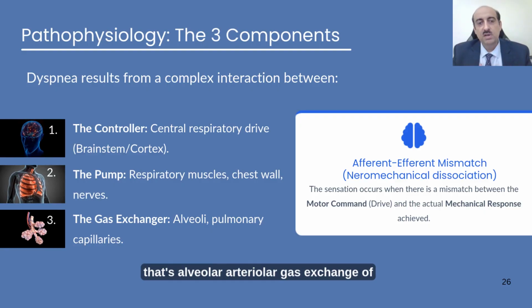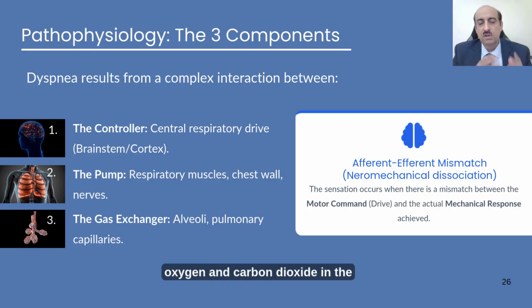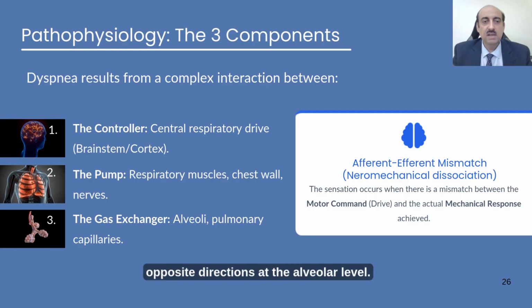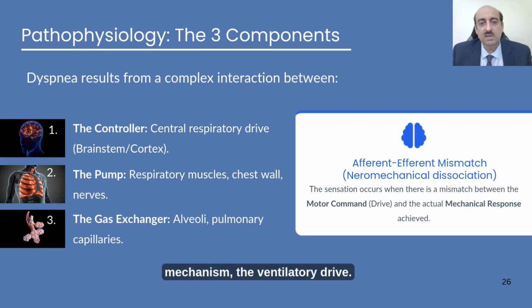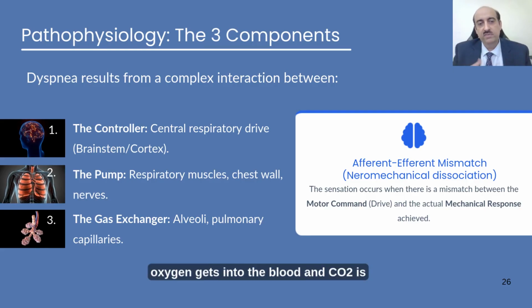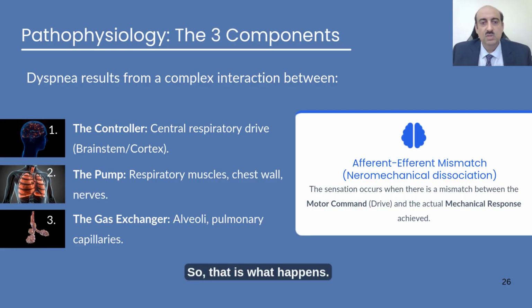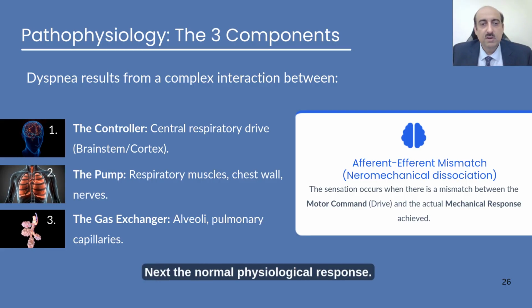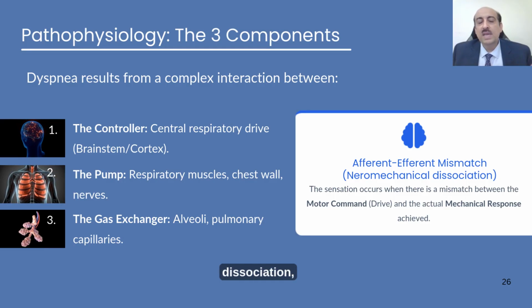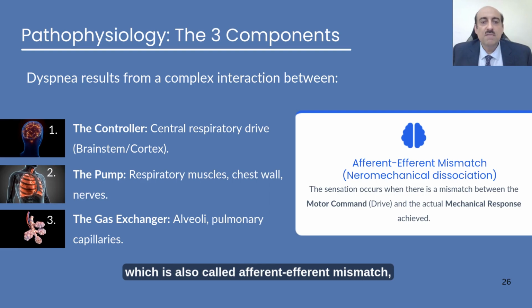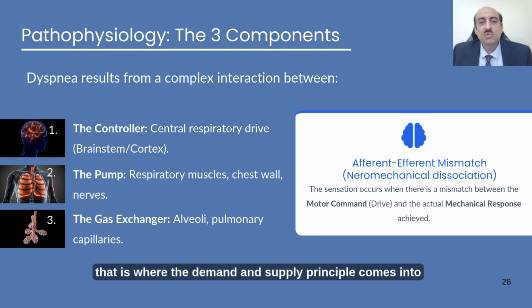That's alveolar-arteriolar gas exchange of oxygen and carbon dioxide in opposite directions at the alveolar level. That leads to the ventilatory mechanism, the ventilatory drive. Hence, oxygen gets into the blood and CO2 is removed. So that is what happens in the normal physiological response. Now, whenever there is a neuromechanical dissociation, which is also called afferent-efferent mismatch, that is where the demand and supply principle comes into play.